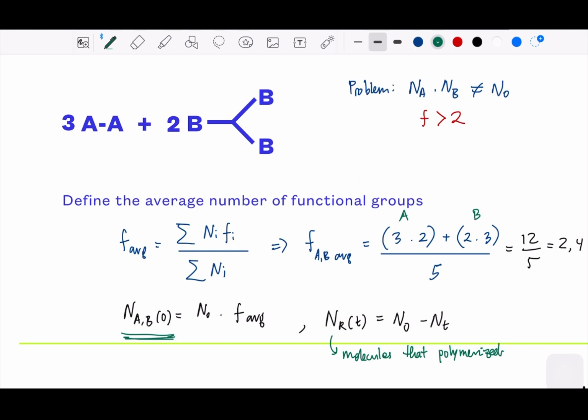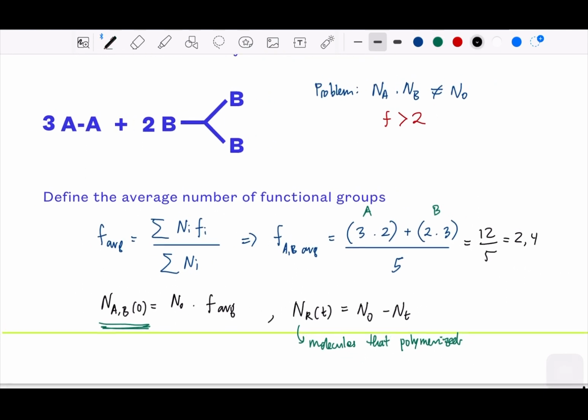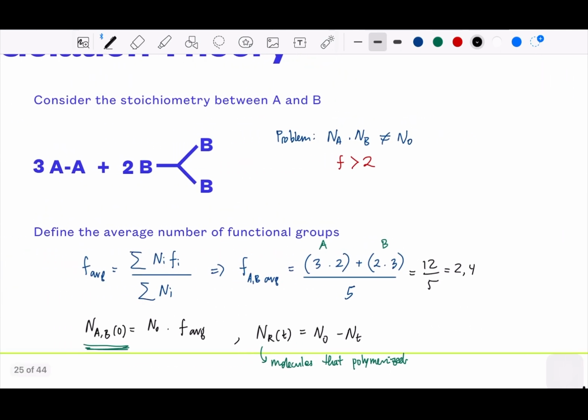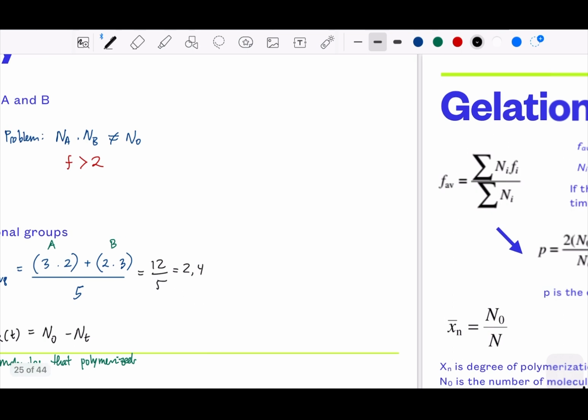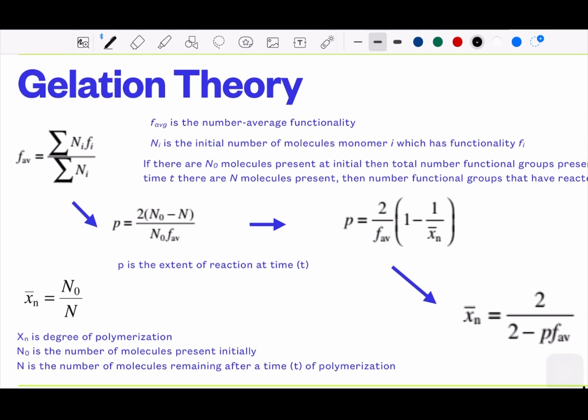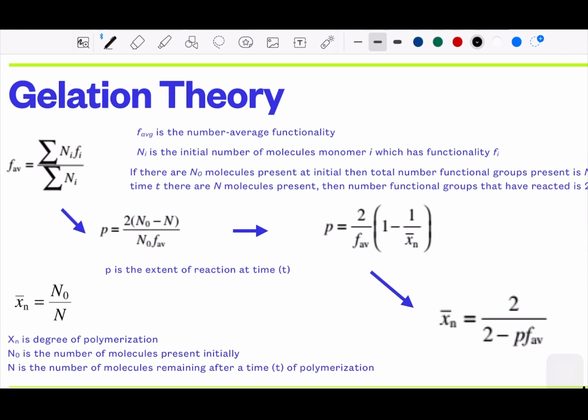Okay, and then from this average number, the left one we've already done, and then we can write down this conversion, the p conversion, the extent of reaction or the conversion at some time.